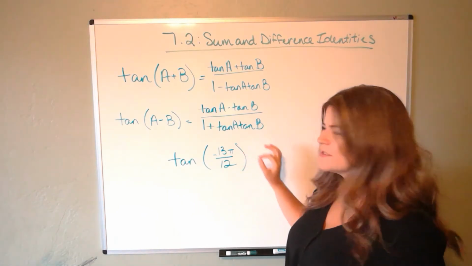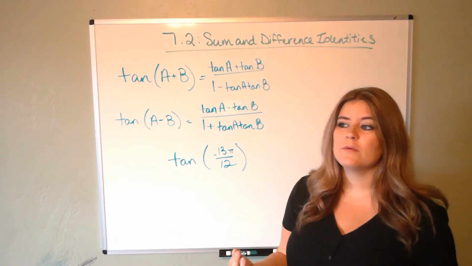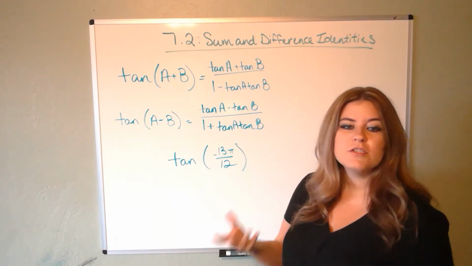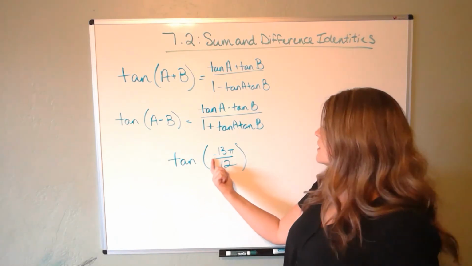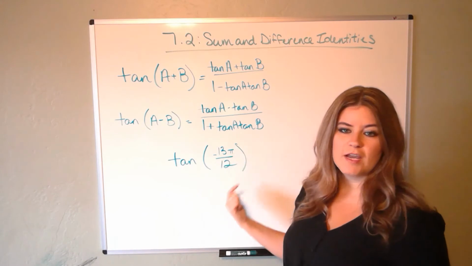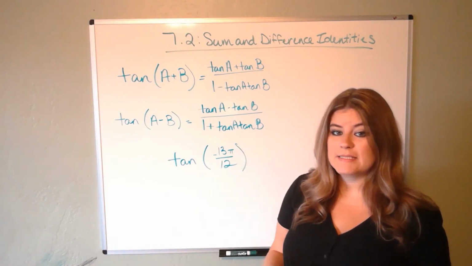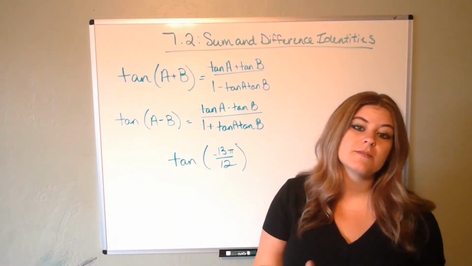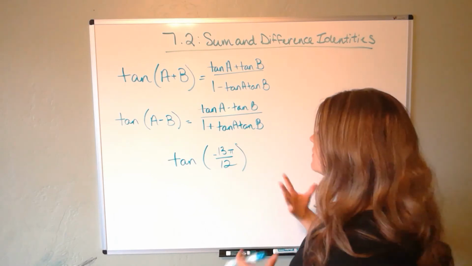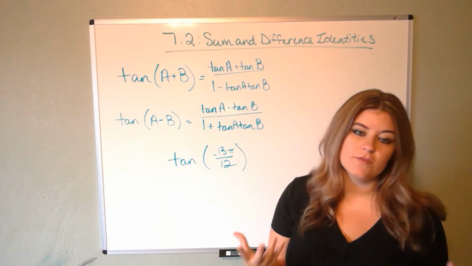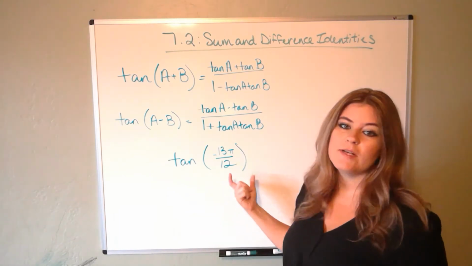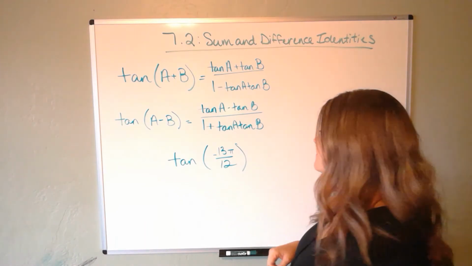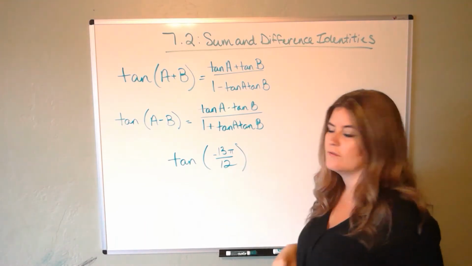So 13 pi over 12, if you don't know what it is off the top of your head, do a quick conversion. Anytime you have a negative with the fractions, I think it is actually easier to convert it to degrees. So that's what I would suggest you do. Even if you like to leave it as radians for some of the problems, even I would convert this one if I didn't know these radian values.